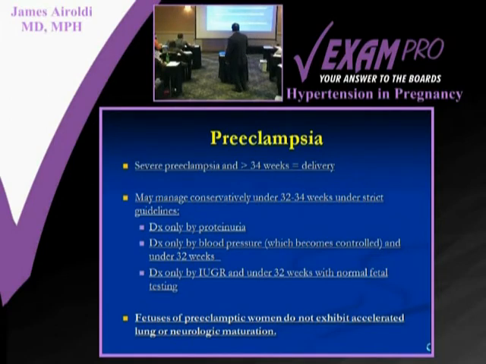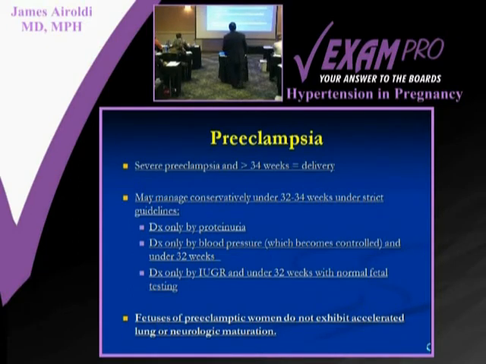Again, you're going to keep these people in the hospital if they have severe preeclampsia. And to me, preeclampsia is supported more by the first statement I said, which is that this is a systemic problem. This can affect a whole host of things: your eyes, your liver, your kidneys, your placenta, your baby, everything.